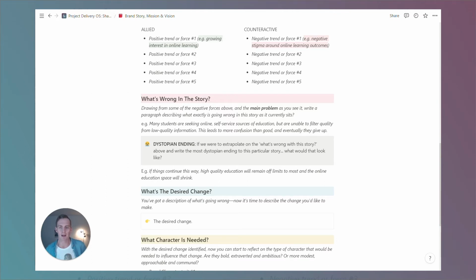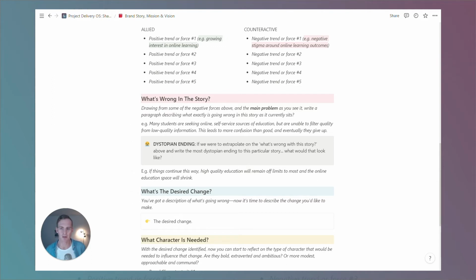Now, there's a little bit more of a write-up, some thoughts in the attached article that are with this block, but just very generally, we're kind of trying to put our finger on what is the main problem as you see it currently.